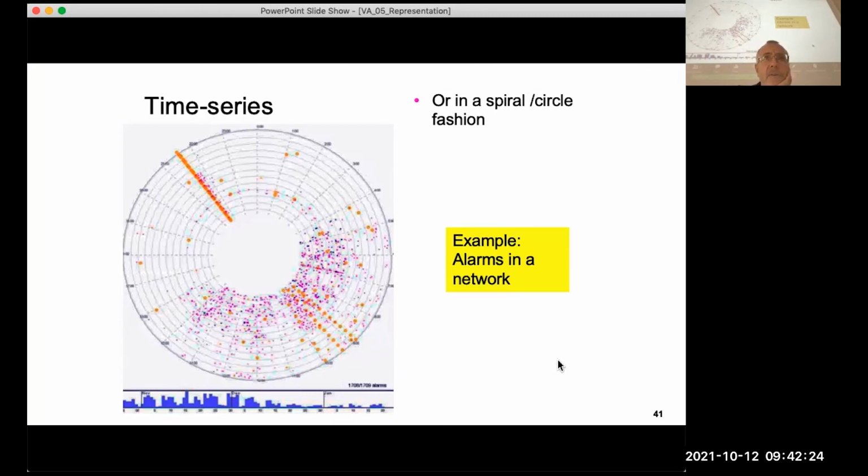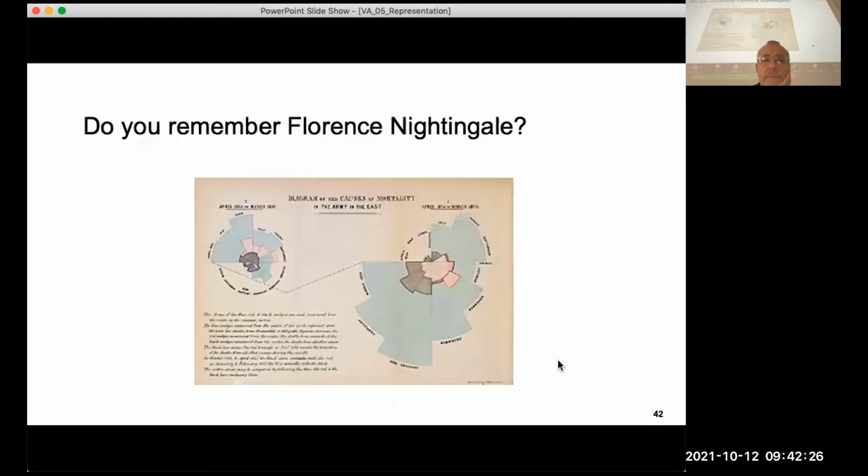Is that so new? You remember this? I showed you in the first class. A long time ago, Florence Nightingale got the same idea of arranging time in a circle. But she was not daring enough to overlap the same time in an expanding circle, like here.